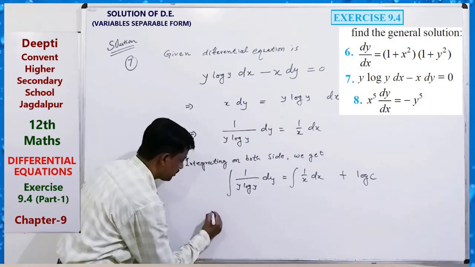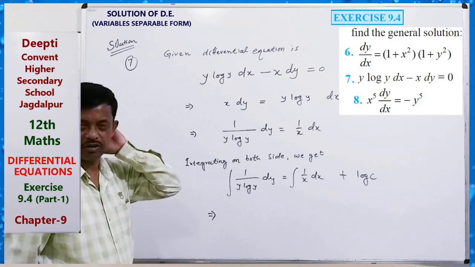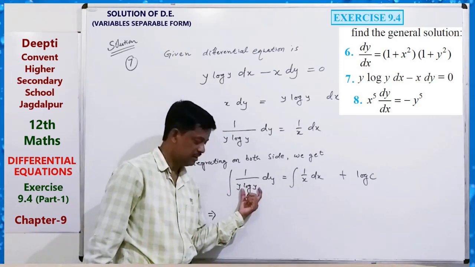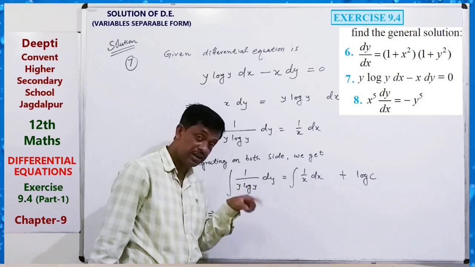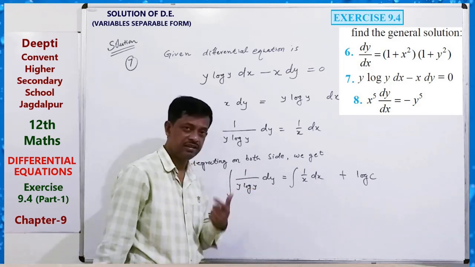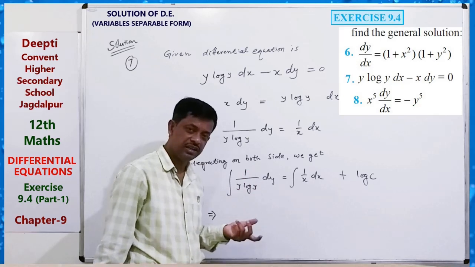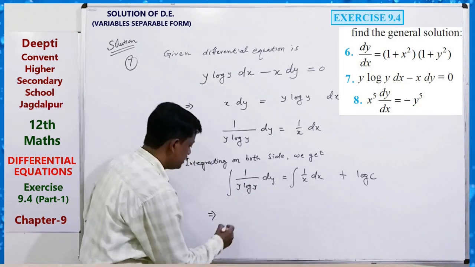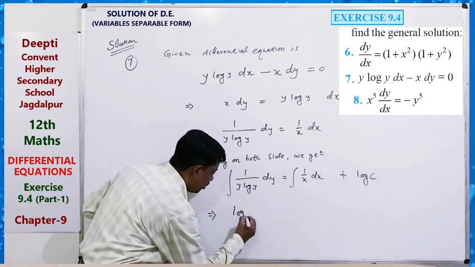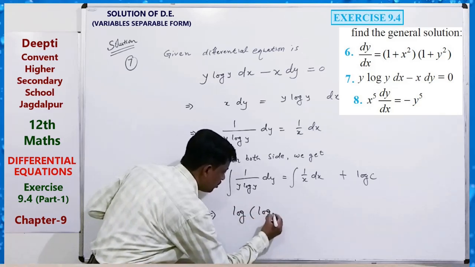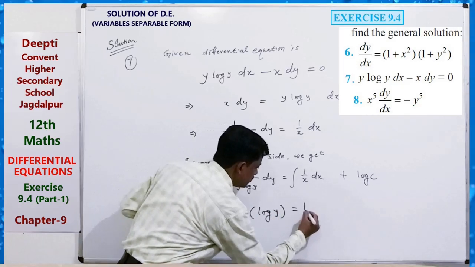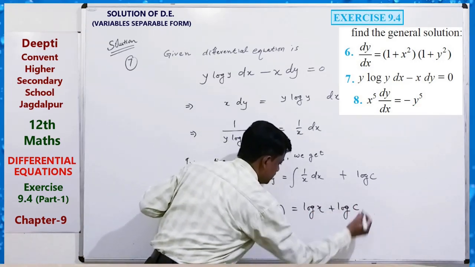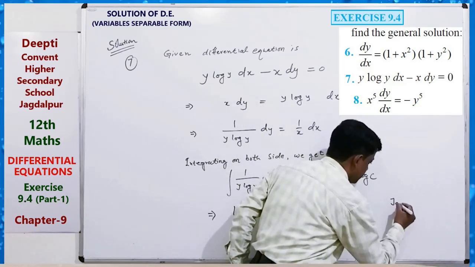So after integration, if we put log y equals t, then we get 1 by y dy equals dt. So dt by t gives log of log y, and here log x. So log of log y equals log of x plus log of c.